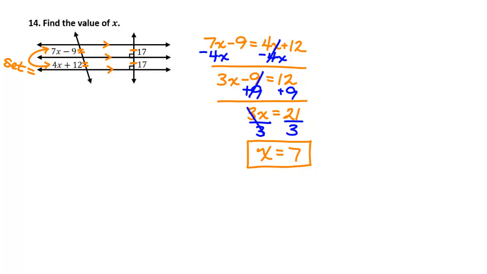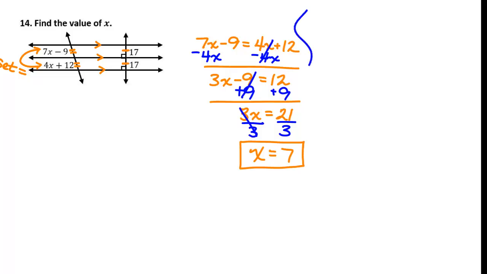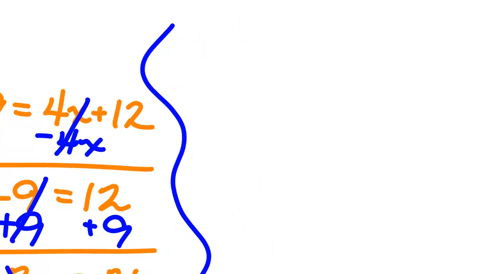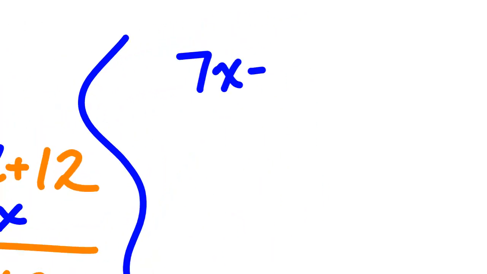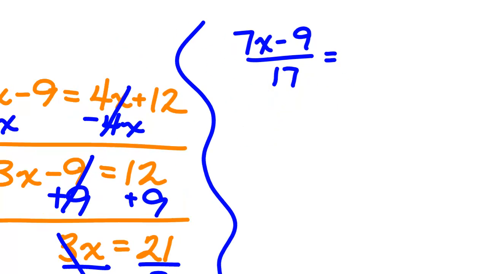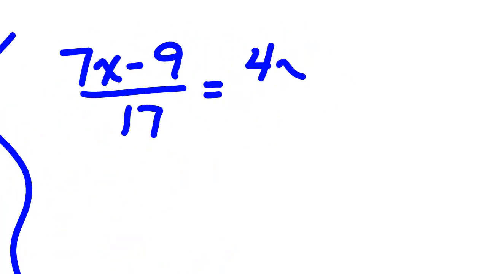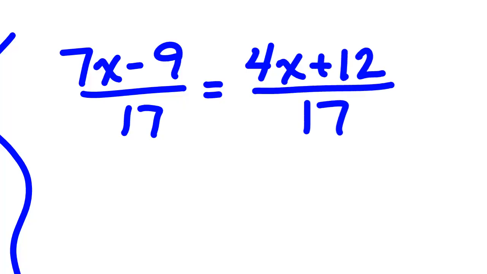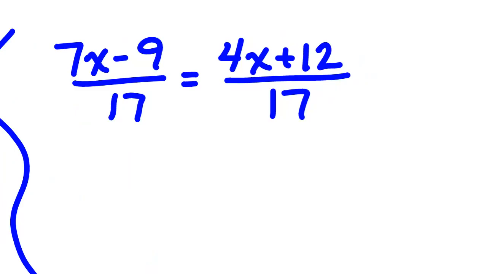Do you guys want to see it set up the other way? Okay, let's set it up the other way. In case that's the way that you would prefer to do this, we can do 7x minus 9 over 17 equals 4x plus 12 over 17. I would multiply both sides by 17.